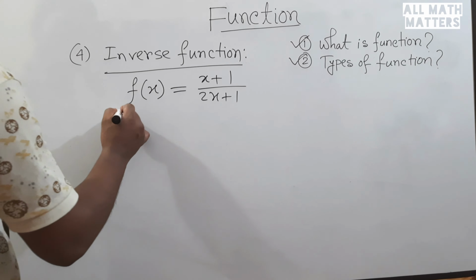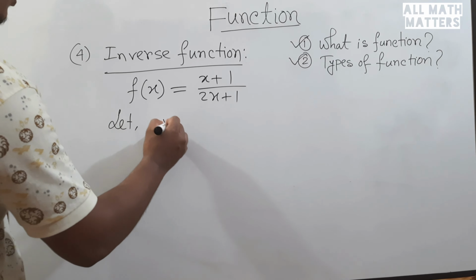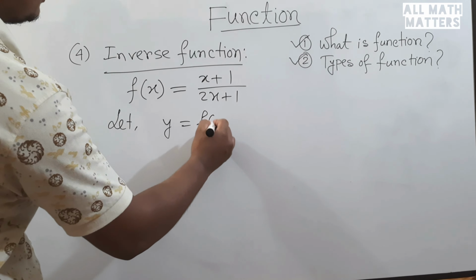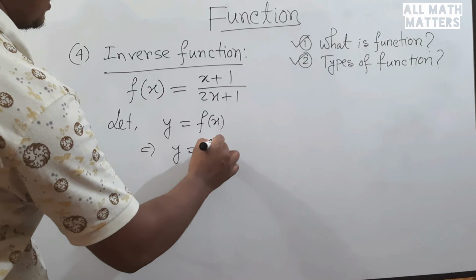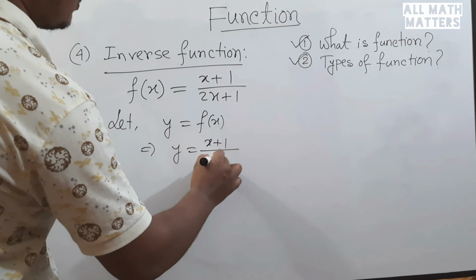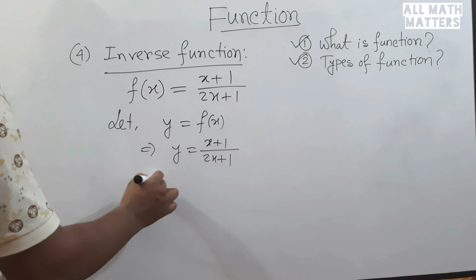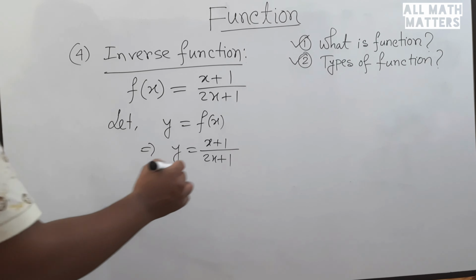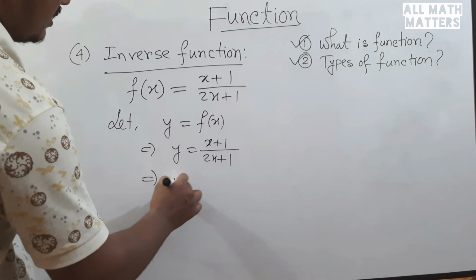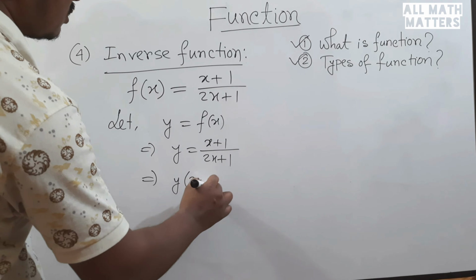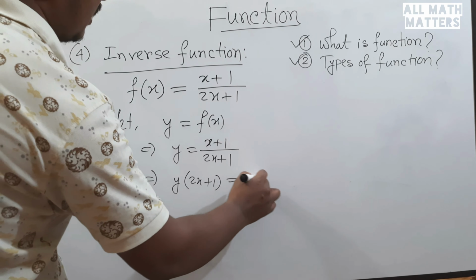Same thing, first consider y = f(x). That means y = (x + 1)/(2x + 1). Now we'll find the value of x in terms of y. So we'll cross multiply: y(2x + 1) = x + 1.